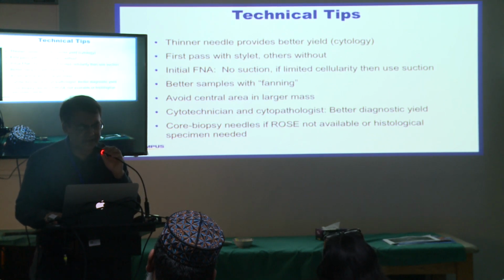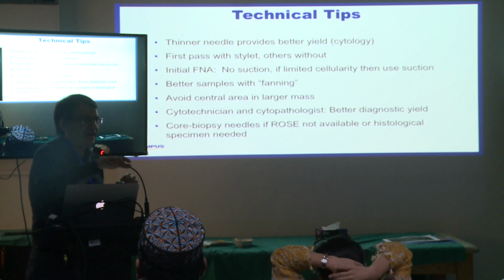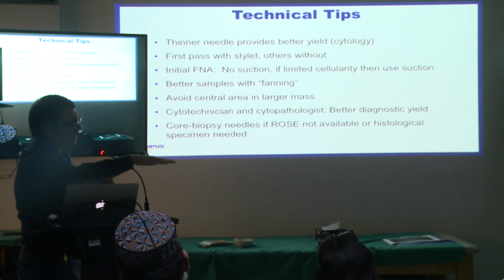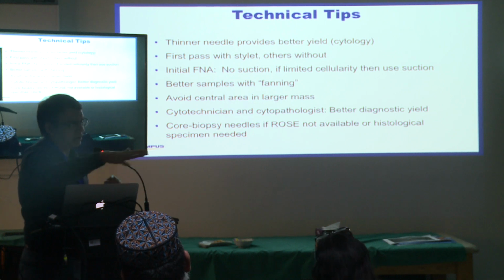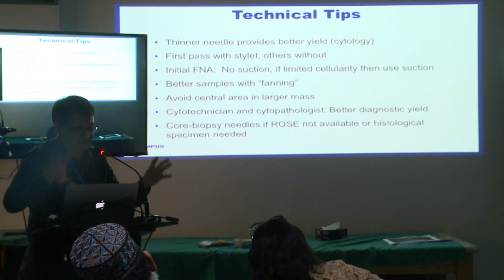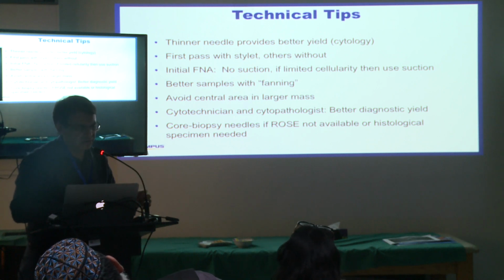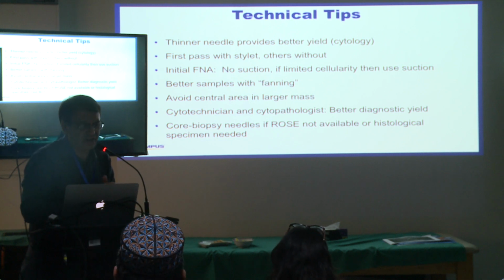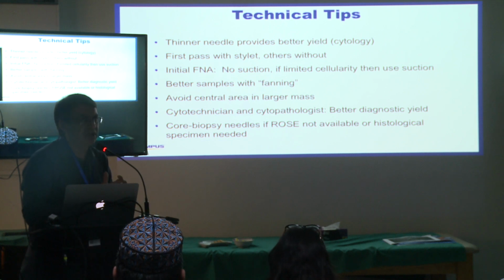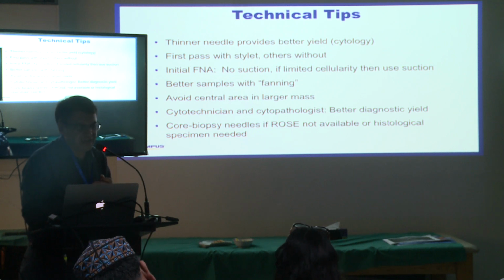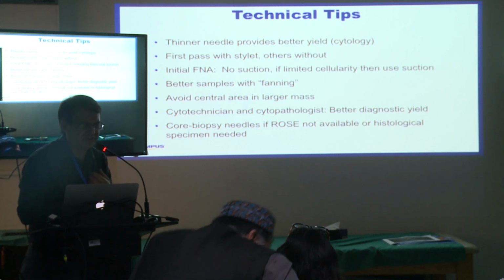Some technical tips. In meta-analysis, this is before the FNB needles, when they compared the needles, 25 gauge proved to be better than 22 or 19 gauge needle, especially for cytology. The needle comes with the stylet, so I keep that in for the first pass, but others I do without the stylet.